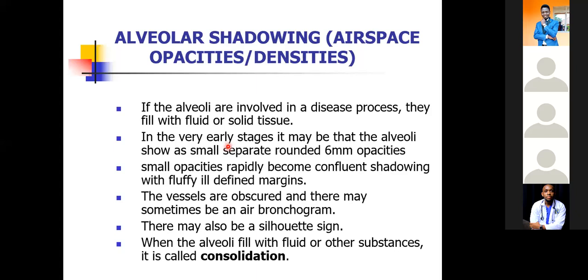So in an area where a disease process in the airspace is starting, we begin to see some small round opacities, but as this disease process progresses, these small opacities rapidly become confluent. They begin joining up.